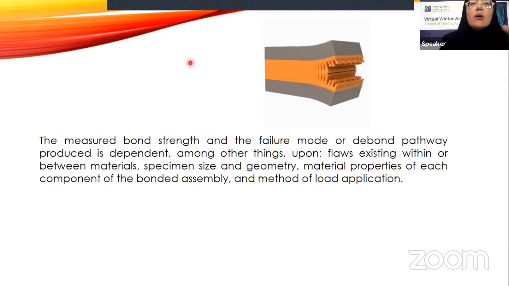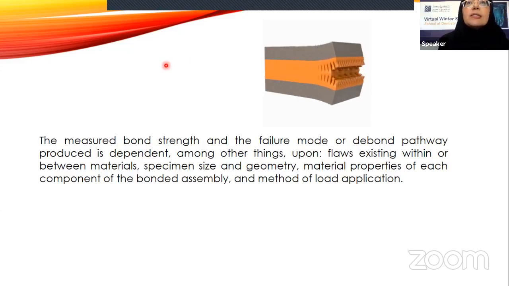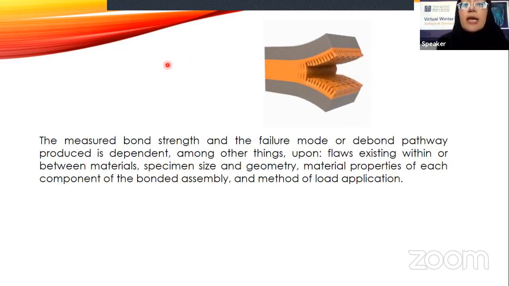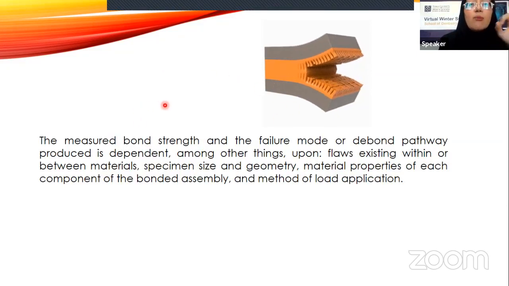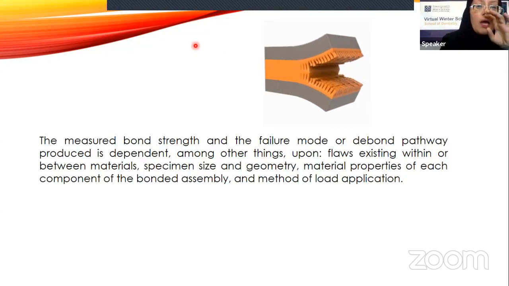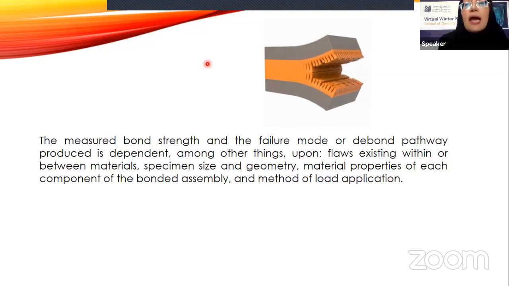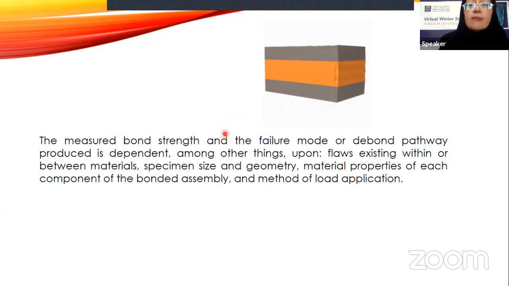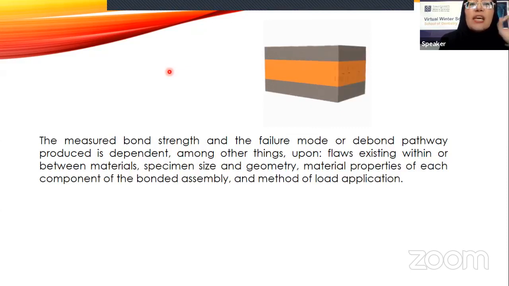I tell you that we have two different kinds of adhesion tests, micro tests and macro tests. The size of materials is very important for measuring adhesion, and also the nature of the adherent and the adhesive.